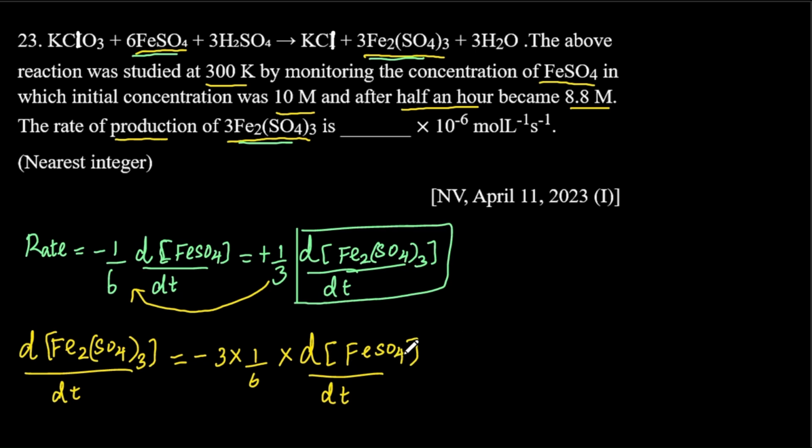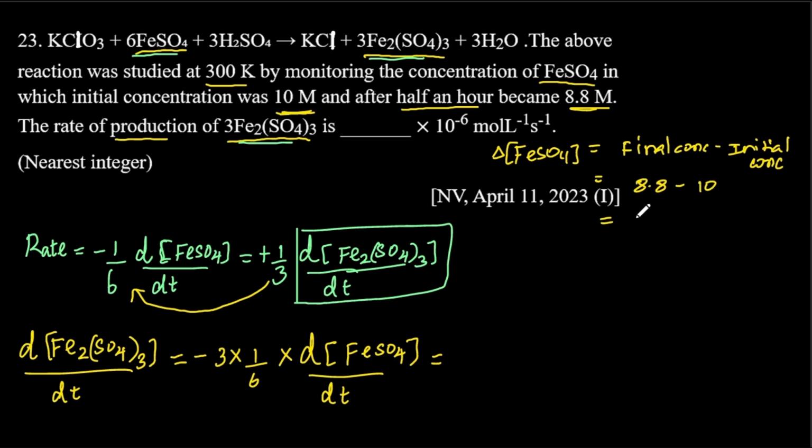First the numerator is change in concentration of FeSO4. Here the concentration is given. The change in concentration of FeSO4 is equal to final concentration minus the initial concentration. The final concentration is given as 8.8 M minus initial concentration is 10. So the change in concentration is minus 1.2 capital M.